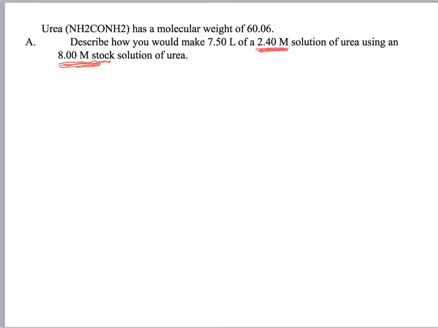That's essential. Your stock solution has to have a concentration greater than the concentration of the solution that you're trying to make. Otherwise, it won't work. You can't dilute a less concentrated solution and make it more concentrated.